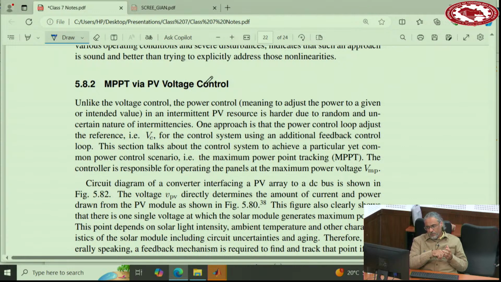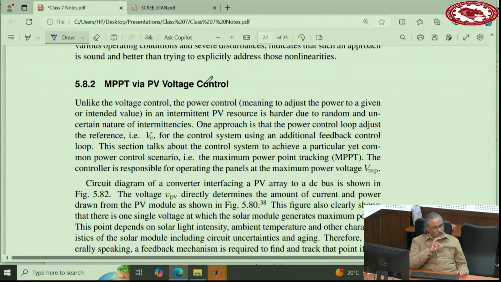We can't constantly measure these two. And even if you measure temperature and irradiance, still the relationship between them and the maximum power voltage cannot be clearly known, or even if you know it for a brand of PV panel, it may change from time to time as you bring the panels in the field.